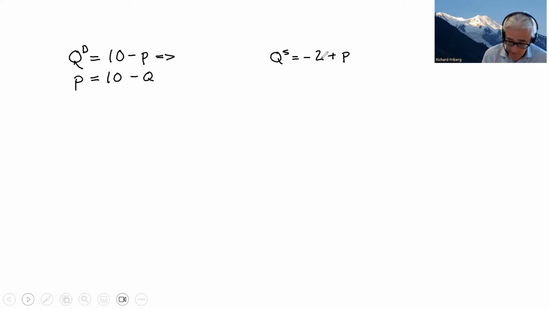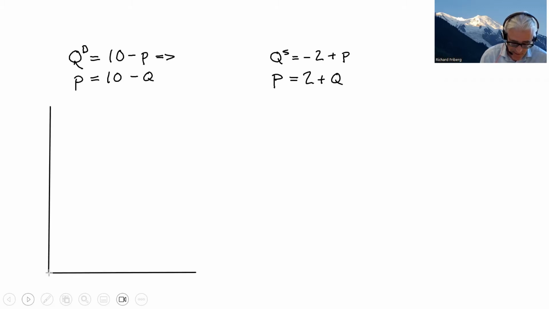Similarly, the inverse supply function, letting P stand there, shifting over the 2, so P equals 2 plus Q. That will be giving the supply. Okay, so we can draw those as usual in a diagram where we have price on the vertical axis, so price in euros, and Q, quantities, on the horizontal axis, so quantities of boxes of strawberries here in this example.